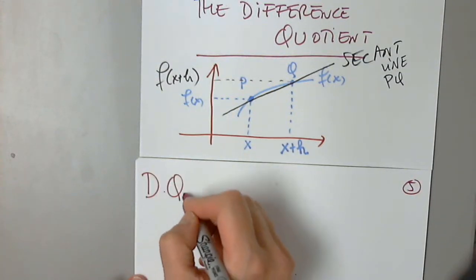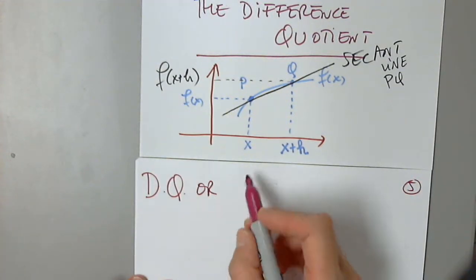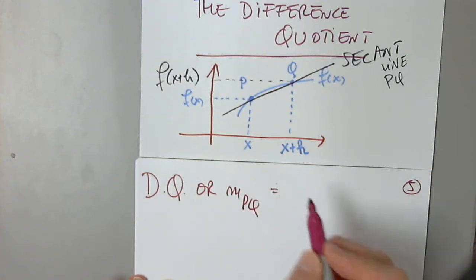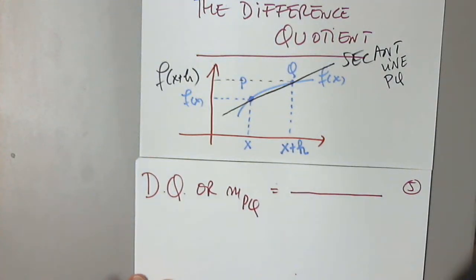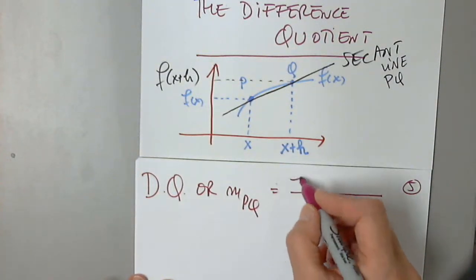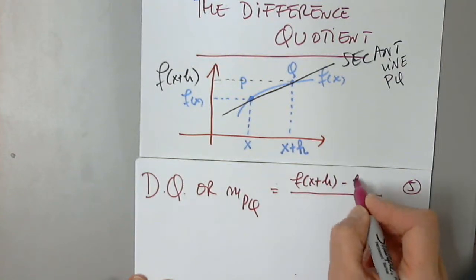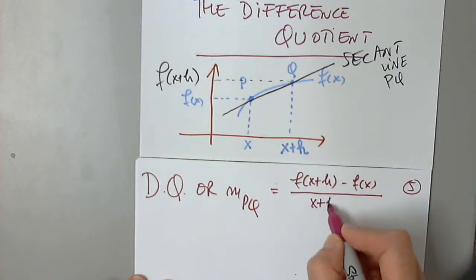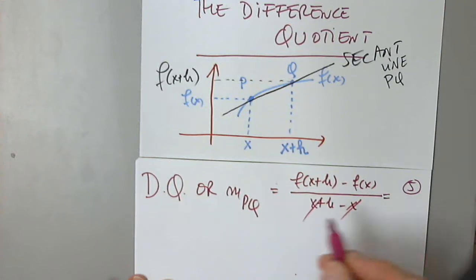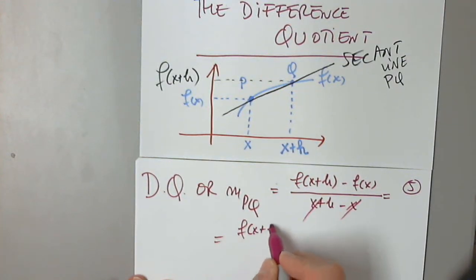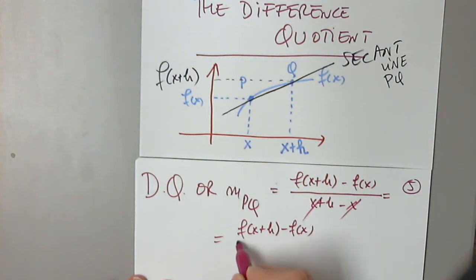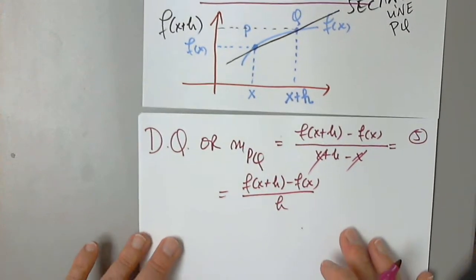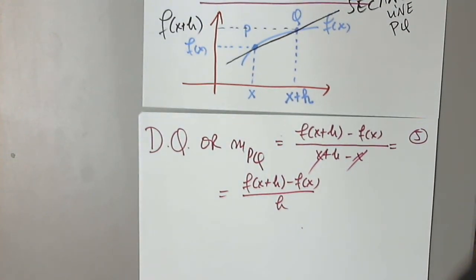The difference quotient or the slope of PQ. Very good. So x plus h minus x, and we simplify, and we get f of x plus h minus f of x divided by h. Do we remember this? Yes.